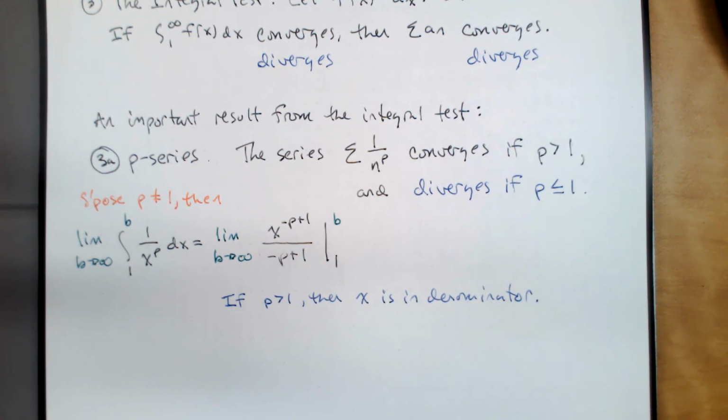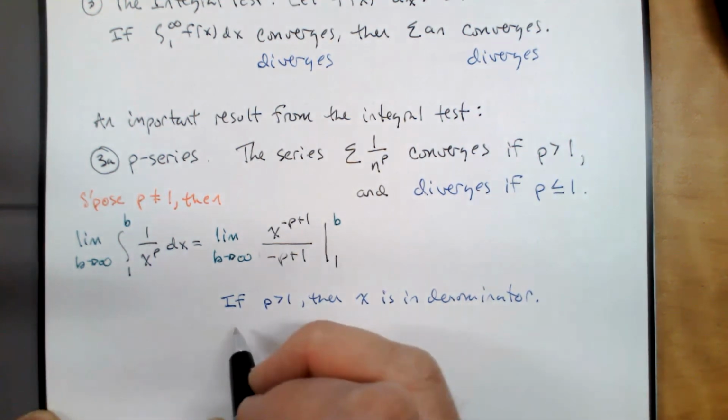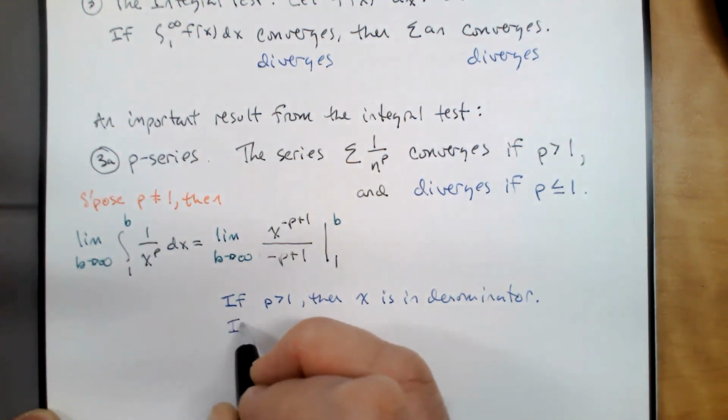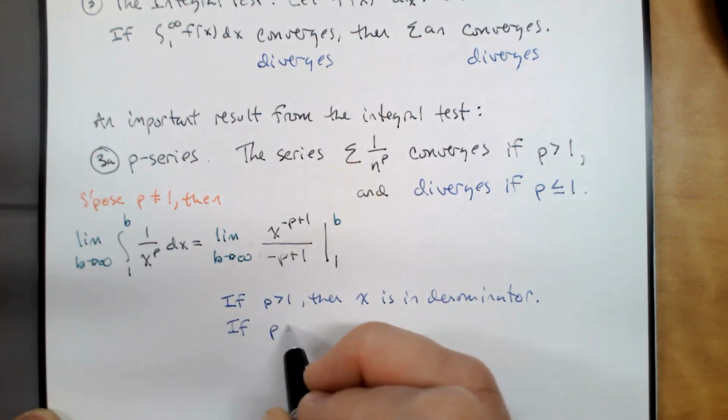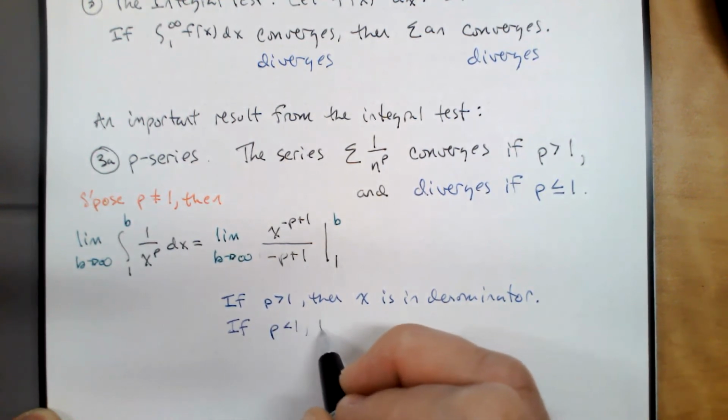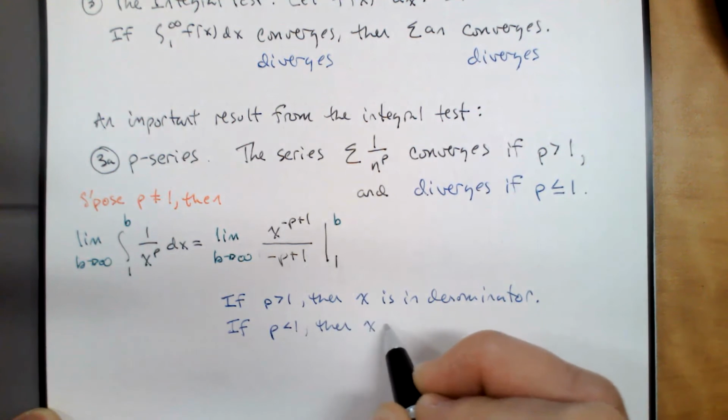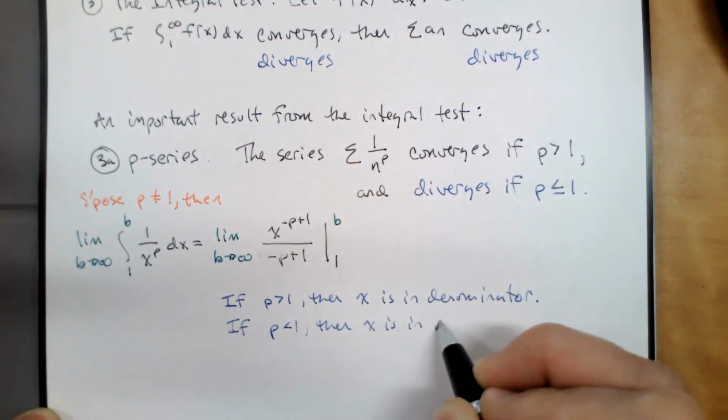Then when it goes to infinity, this term will go to 0. If the other thing, p is less than 1, then x is in the numerator.